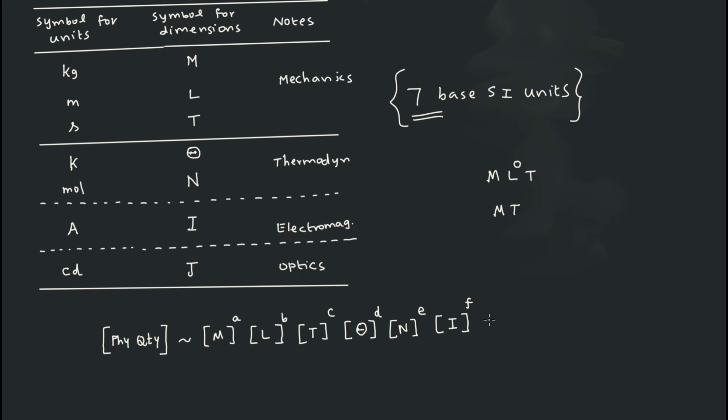And finally we have the candela, which has a somewhat different symbol J, to the power g. And that's all. This is the meaning that I am trying to explain to you: any physical quantity can be expressed like this.